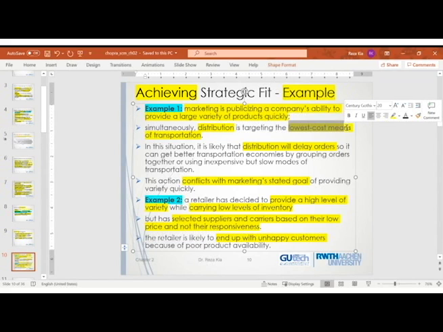Okay, the variety still could be high, but the responsiveness is not going to be quick, because when you are following the cheapest transportation mode, it means that you will use a kind of slow transportation mode, and you want to use, for example, a full truckload policy to have an economy of scale. So there is a conflict here between these two strategies.